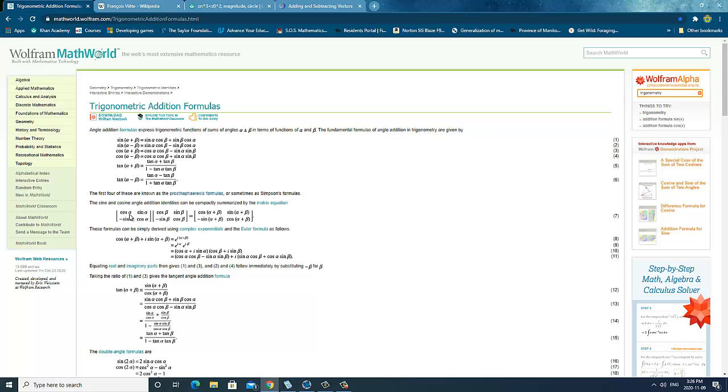If I were to put those into this here, cos of alpha would be 3. So 3 here, 3 here, -4 here, -4 here. And I do the same thing to this vector. And what we have here is alpha plus alpha.